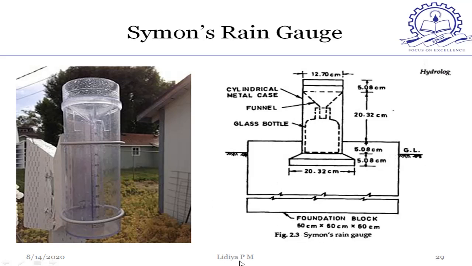The entire arrangement is such that the distance from the ground level to the top of the rim is maintained at 30.5 centimeter. If you add all these values, you will get nearly 30.5 centimeter.